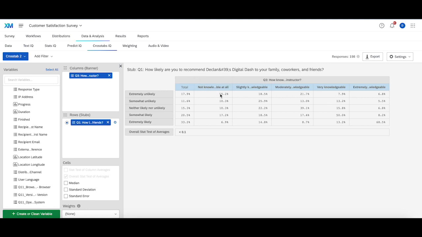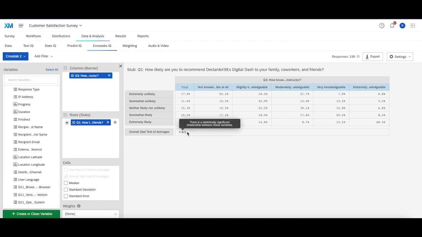Now on the flip side, if someone selected extremely knowledgeable for question 3, 68% of them were extremely likely to recommend the course to their friends, family, and coworkers. So once again, we can see that correlation there between a person's sentiment to how knowledgeable the instructor was and whether or not they were likely to recommend the course.